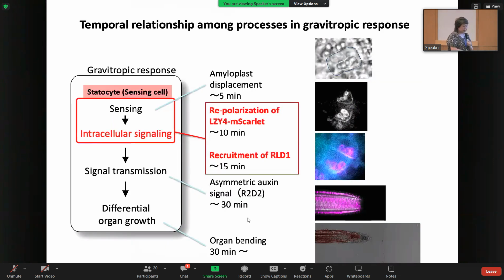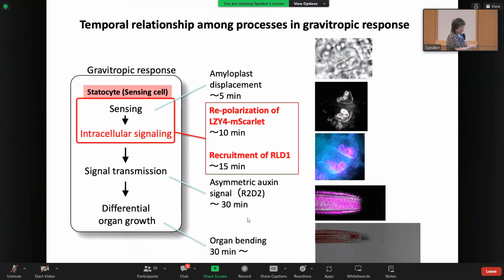So we examined each process of gravitropism under almost the same condition on the stage of the vertical microscope. And we confirmed that repolarization of LZY occurred immediately after amyloplast displacement, followed by polarization of RLD1.